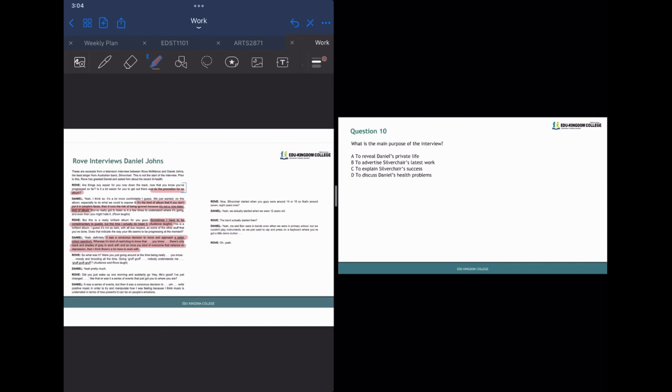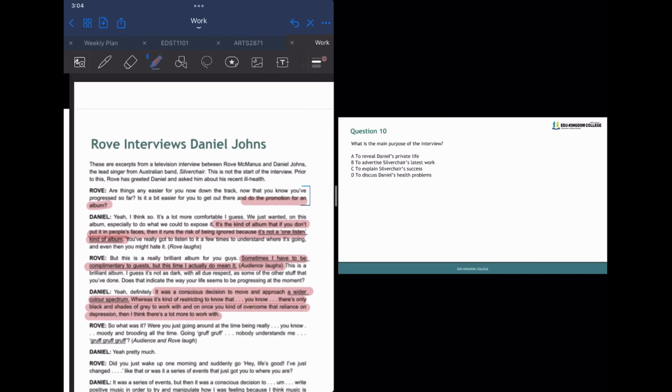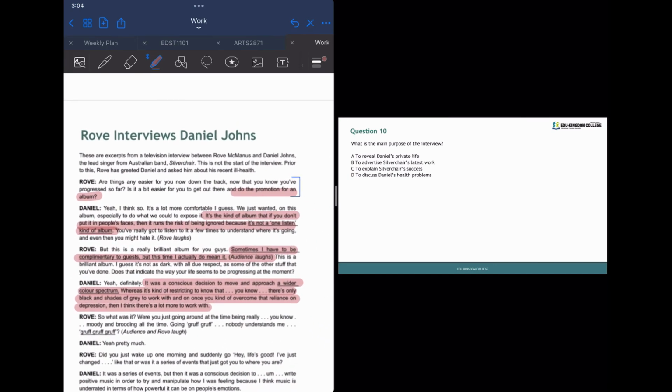And lastly, for question 10, what is the main purpose of the interview? Remember that in the introduction, we were introduced to the fact that Rove is asking Daniel Johns about their journey to creating an album, and just their experience as a band, right? Since there's a strong focus on the album, it is to advertise their latest work.